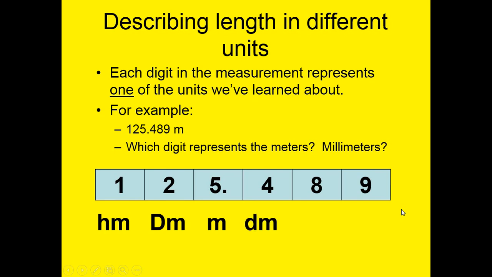We have 4 decimeters plus 8 centimeters plus an additional 9 millimeters. So when we read the term together, if it's given the unit meters, it's 125.489 meters. But we could read this same term in any of these other units. Hopefully that clarifies what you need to do in order to measure length in science this year.